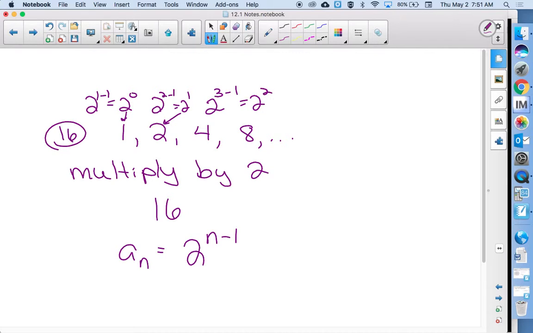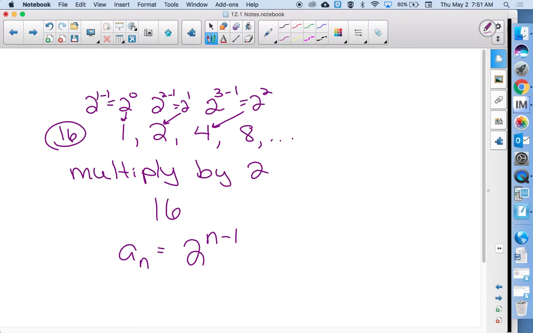Now that's 2 squared, and 2 squared is 4. So it actually gets written as a power, because all of those can be thought of as powers of 2. 8 is 2 cubed. The next one, 16, is 2 to the 4th. I would then have 32, which is 2 to the 5th. They're actually all powers of 2.